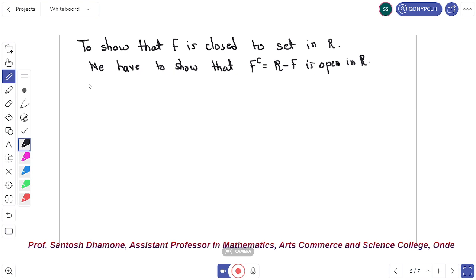Our R is 1 minus p, so p minus (1 minus p), comma, p plus (1 minus p).